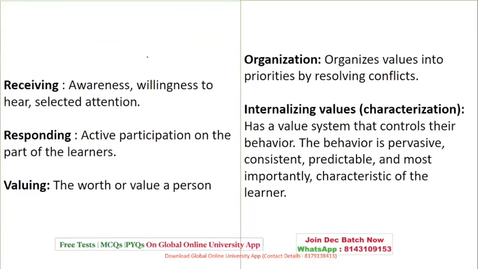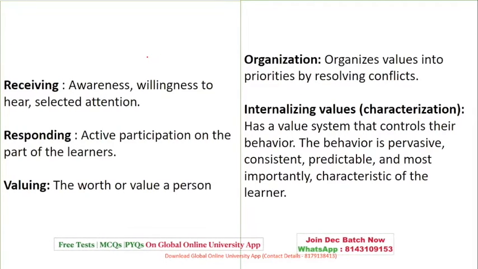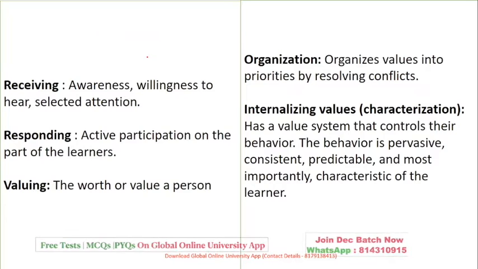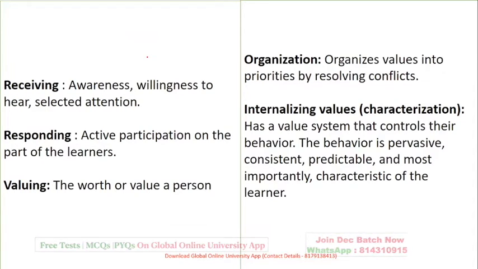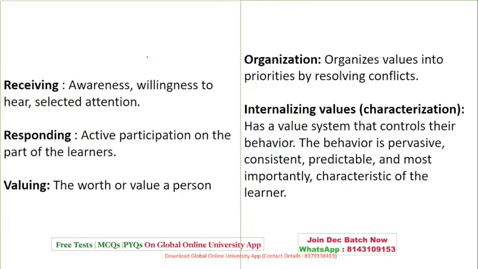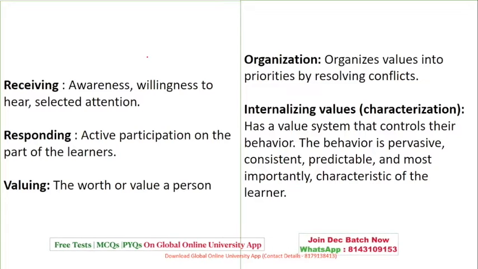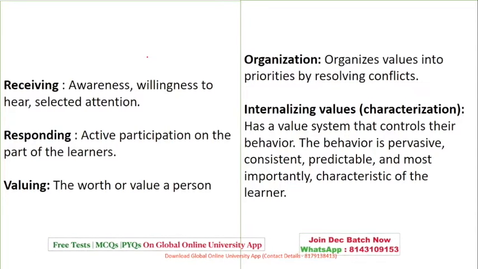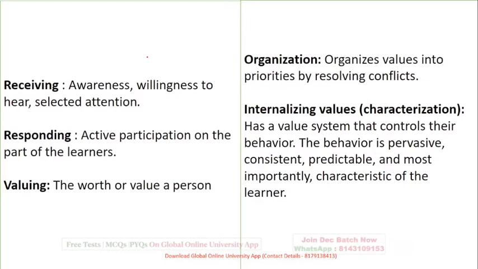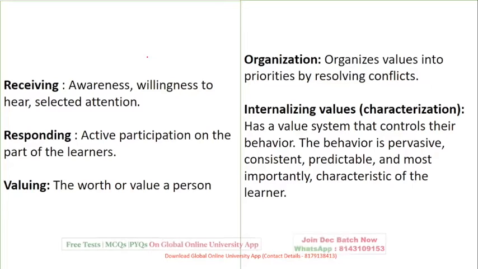Let's go with affective. Receiving means awareness, willingness. Responding means active participation. Valuing means to give worth or value to the person. Organizing means basically resolving. And internalizing the values means characterization, where you talk about controlling the behavior, being predictable, being pervasive or consistent.